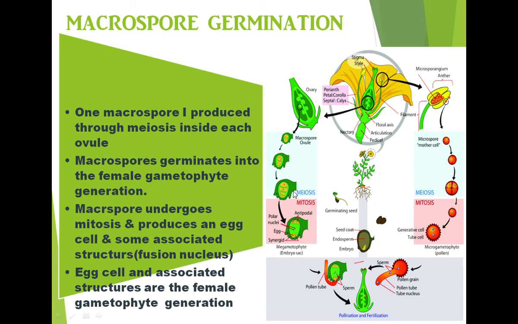This undergoes mitosis and produces the structures inside the ovary. There the megaspores are produced. Okay. So this macrospore undergoes mitosis and produces an egg cell and some associated structures, which include the fusion nucleus. And this egg cell and associated structures are actually the female gametophyte generation.